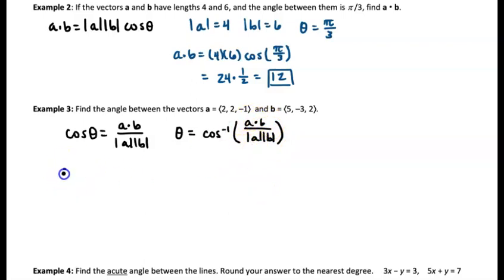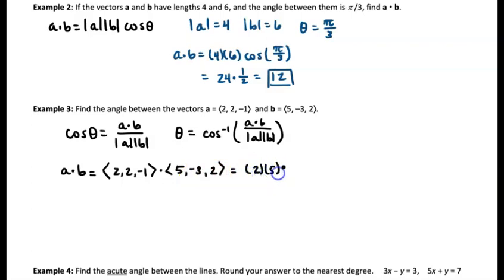So to find the dot product of A and B, we are taking the dot product of 2, 2, -1 and 5, -3, 2, meaning we are taking the first components and multiplying them.